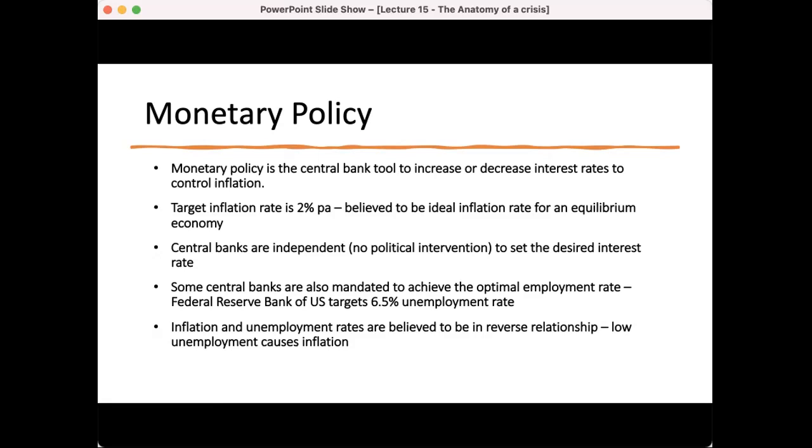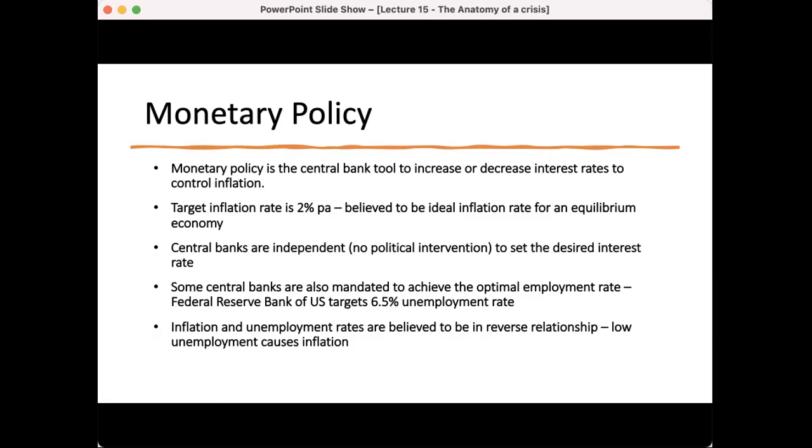But it's interesting to note the domination of the concept of equilibrium markets and equilibrium economies within political and government and central bank circles. But 2% is believed to correspond to the equilibrium rate for the economy. So you manage the inflation rate to 2%, ergo the economy is in equilibrium.